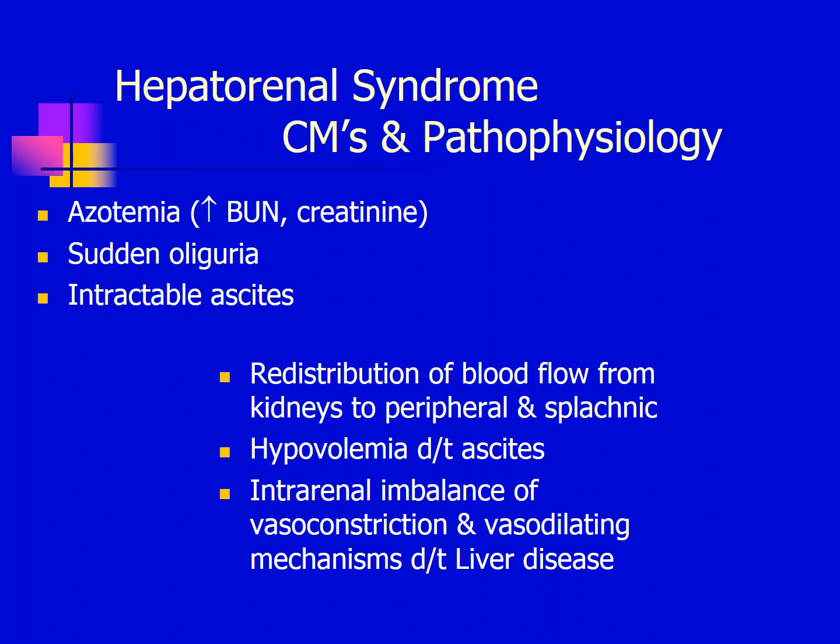Because of renal oliguria, or intractable ascites. All right. So what we want to do is redistribute the blood from the kidney to the periphery, and you see hypovolemia due to ascites, and you see intrarenal imbalance of vasoconstriction and vasodilation mechanisms due to the liver disease. Right? Next slide.